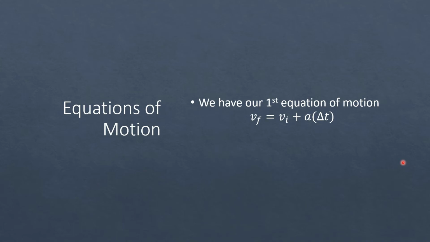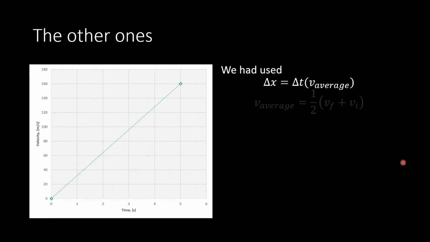Well, what are some of the other relations that you can derive using this little equation that we've found so far? What we have used so far is that delta x is a function of delta t and v average, where v average is basically the sum of the velocities over the number of total velocity points.